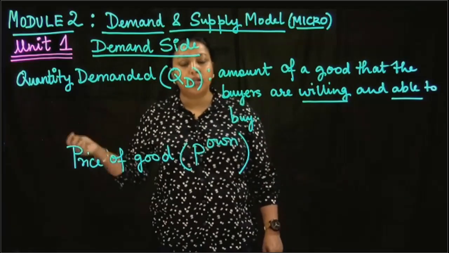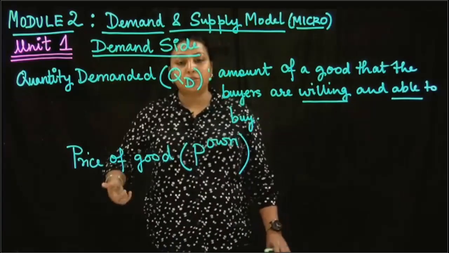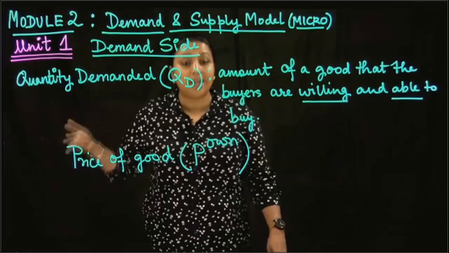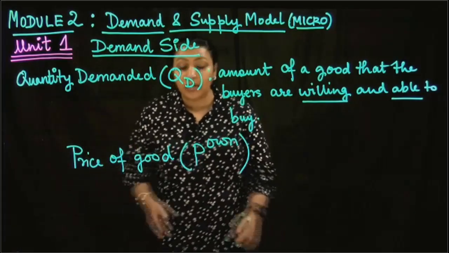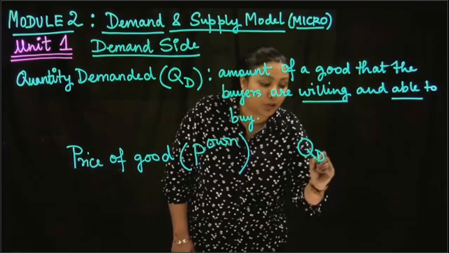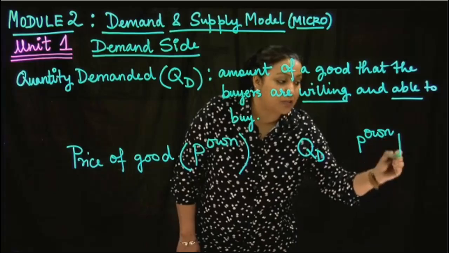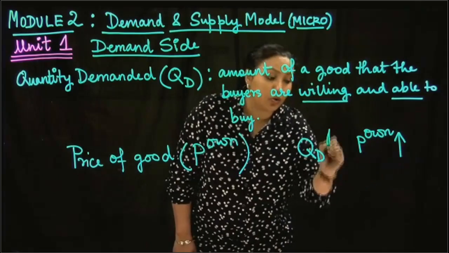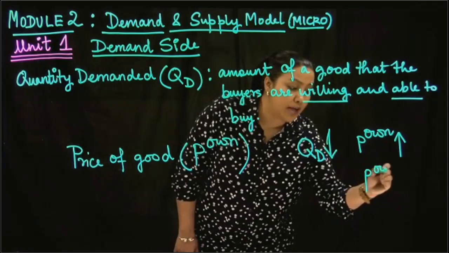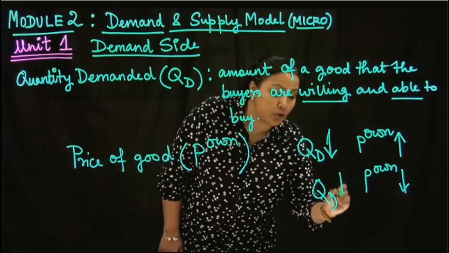And if the price of the commodity for whatever reason has gone up, there has been a markup on the price of the pair of jeans, then you are willing to buy less of the commodity. So we can clearly say that there is an inverse relationship between the quantity demanded and the own price of the commodity. As own price goes up, the quantity demanded comes down, and as own price goes down, the quantity demanded for the commodity goes up.